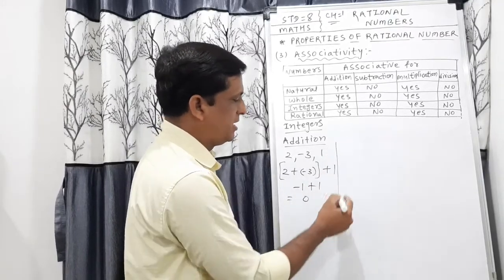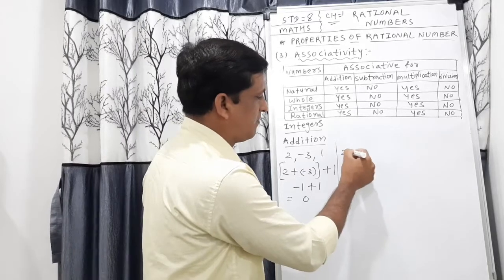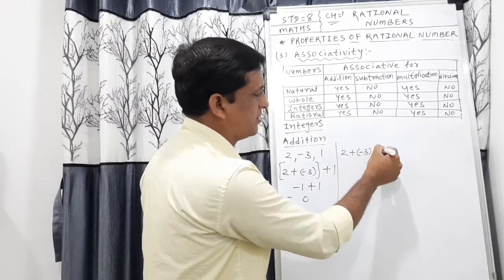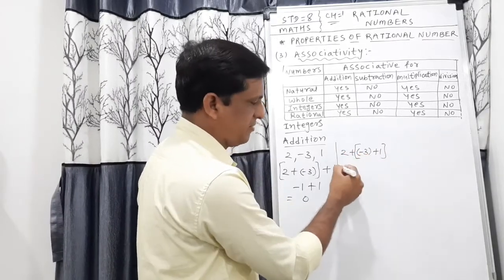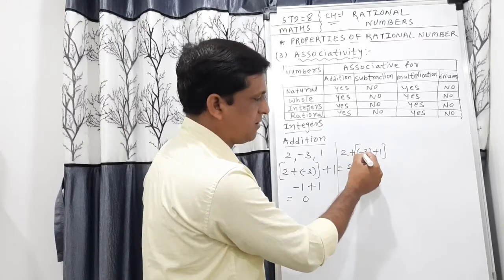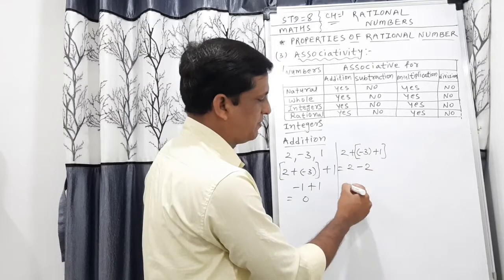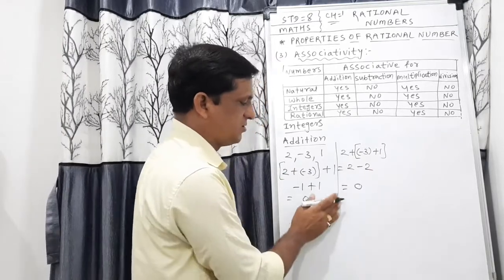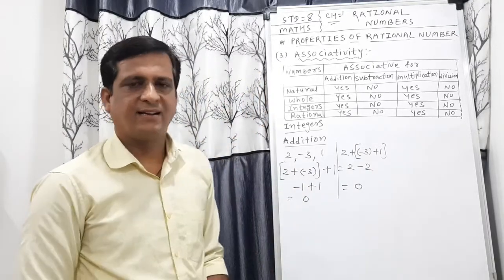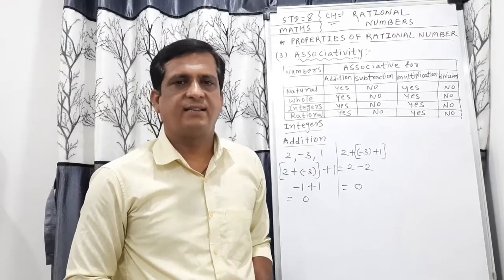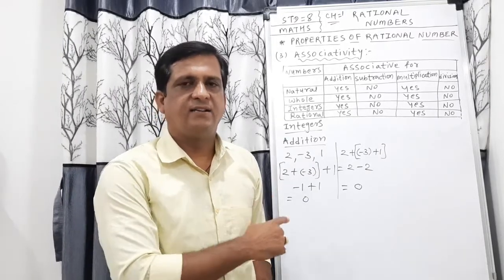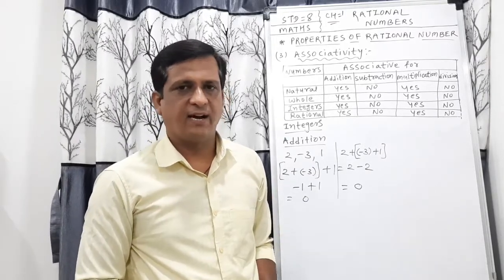Now I am making a group of minus 3 and 1. Then the simplification is 2 plus (minus 3 plus 1), that is equal to 2 plus minus 2, which means 0. Here both answers are equal, then we can say that integers are associative for addition.